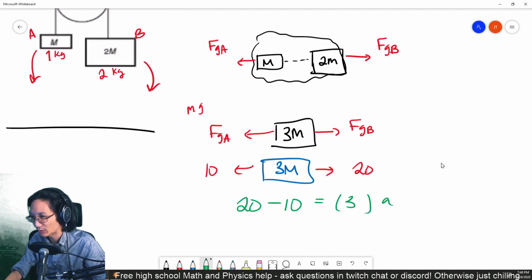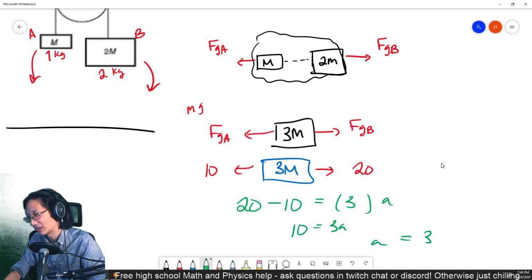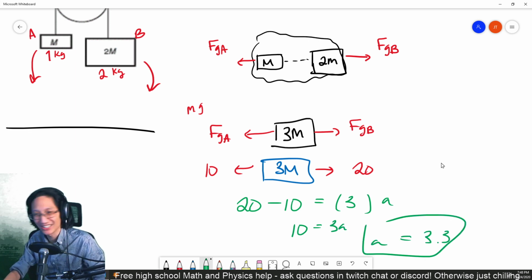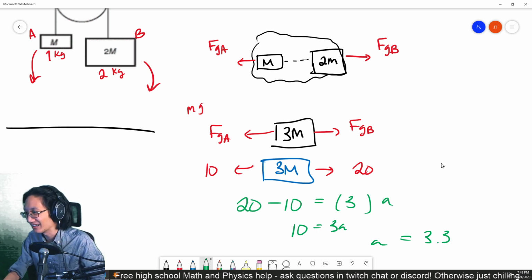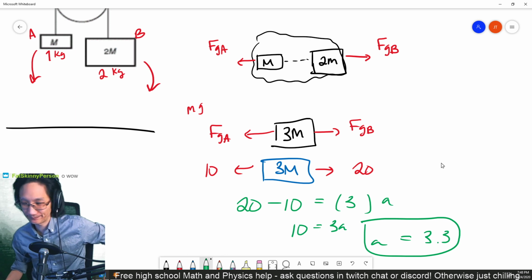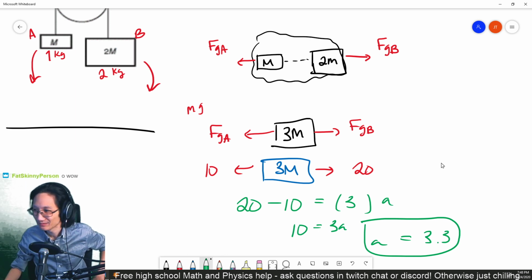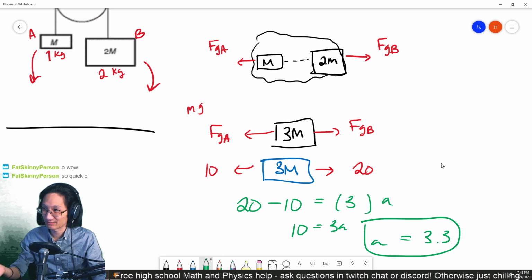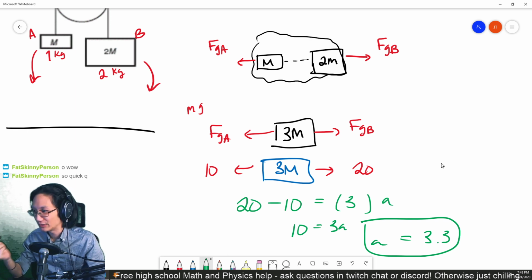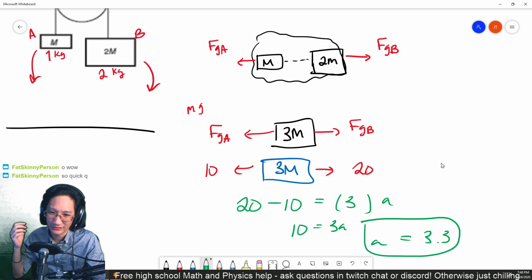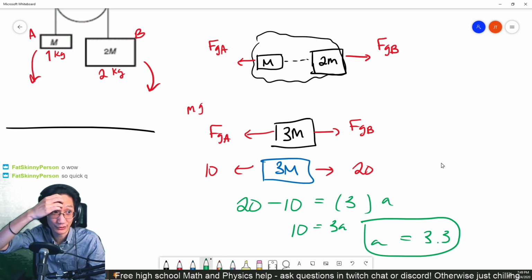So 20 minus 10 is 10, is equal to 3a, and a is equal to 3.3. It's the same number, right? So a lot easier on the algebra because you don't have to solve a system. Just sort of spits the answer out. Now, if you do care about the tension, you have to break it apart. You have to go back and do it the long way. But if all you care about is acceleration, you can do the shortcut.